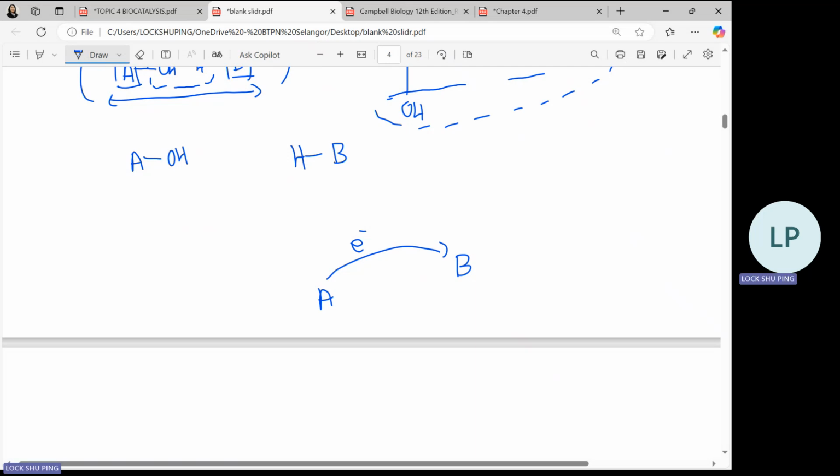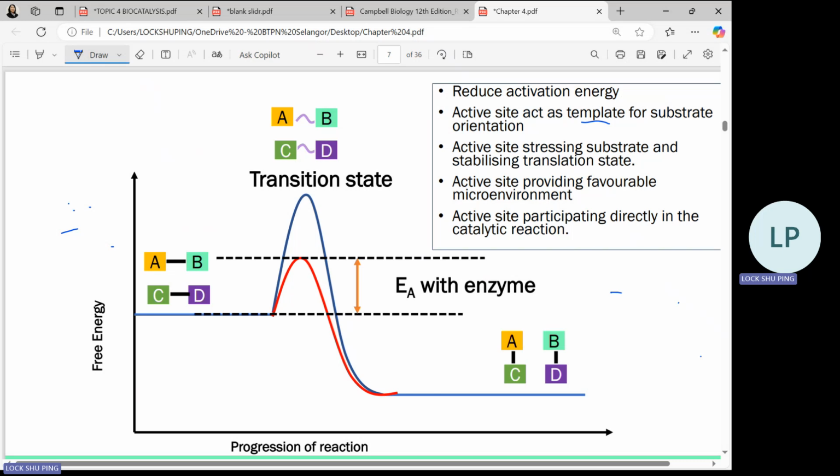But this might require a very large consumption of energy. Therefore, the active site acts as an intermediate which is able to receive the electron first, and then provide the electrons back to molecule B, forming an intermediate between them, and this particular process will require less energy. This is explained through the direct participation of the enzyme or the active site in the catalytic reaction.